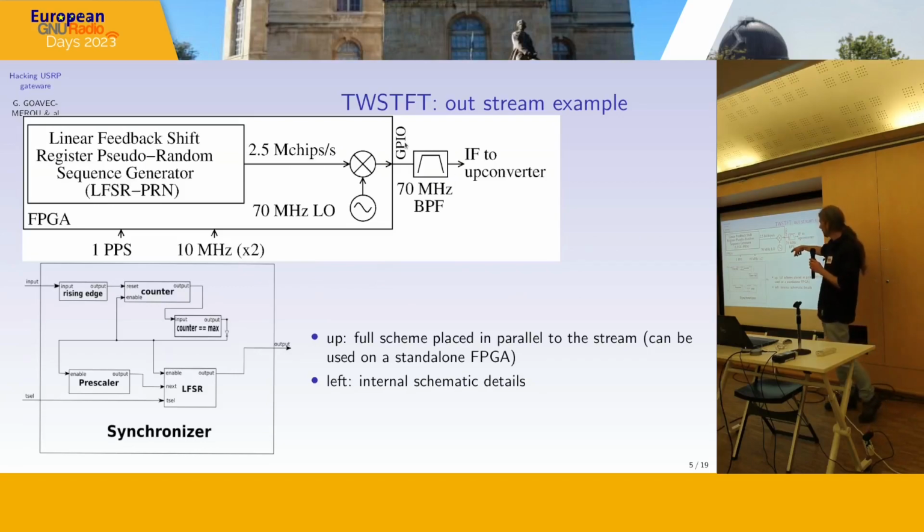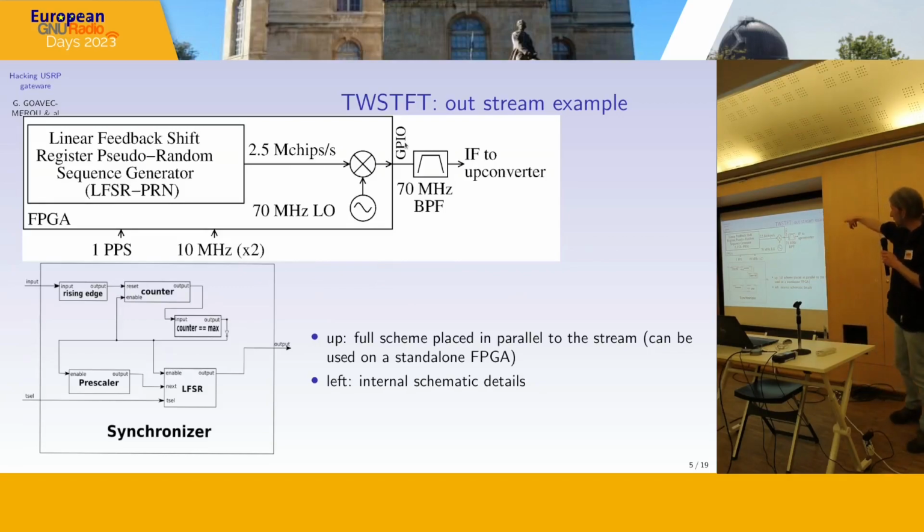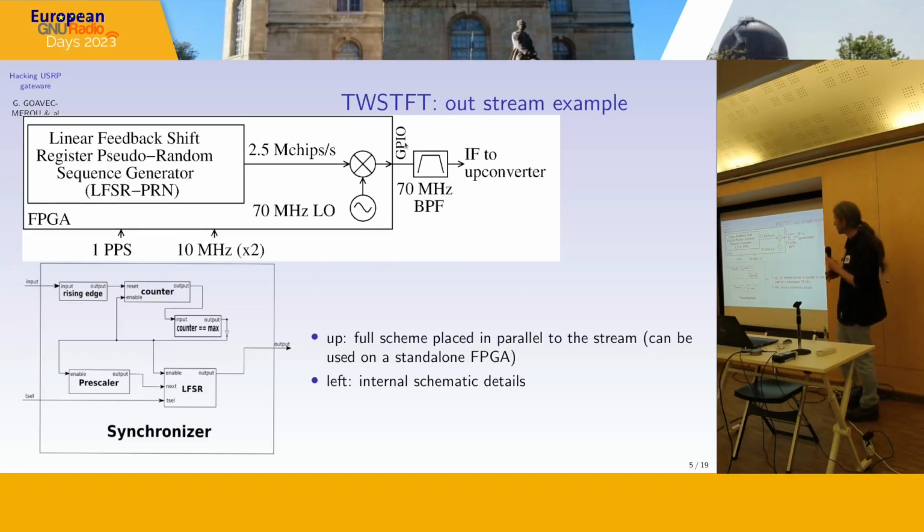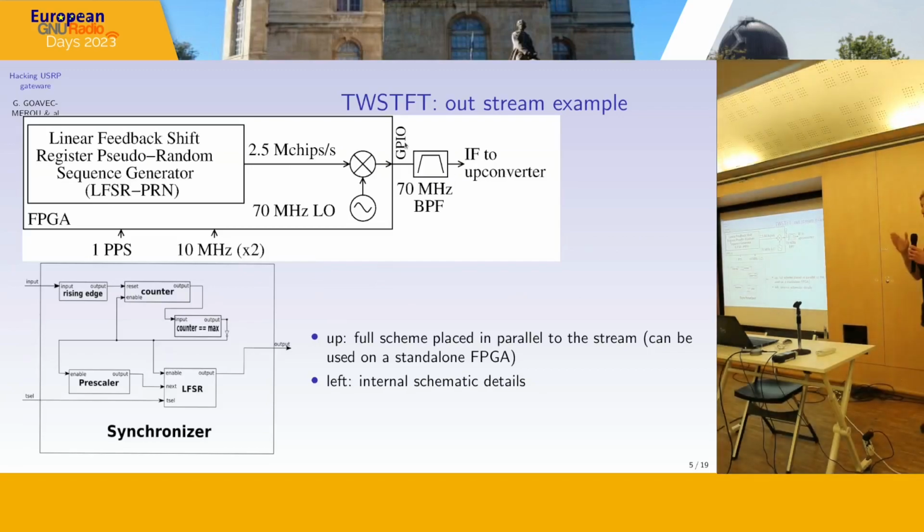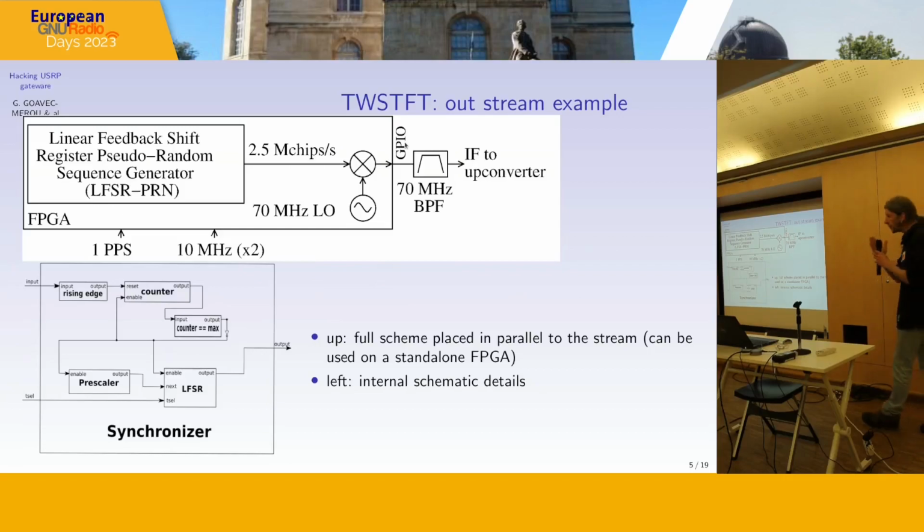And more closely again, the scheme at the left is in fact the content of the block called LFSR, and there is a PPS edge detector, because the first bit of the PRN must start on the rising edge of the PPS counter, because we want to generate a specific amount of chips for the PRN before resetting the counter and ending the PRN to start a new sequence.